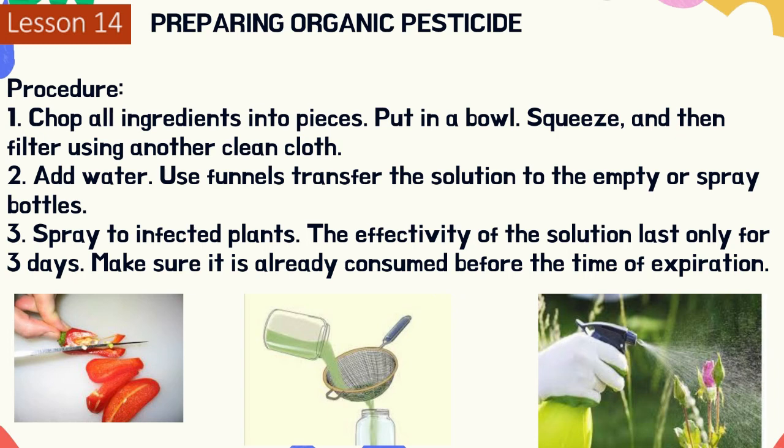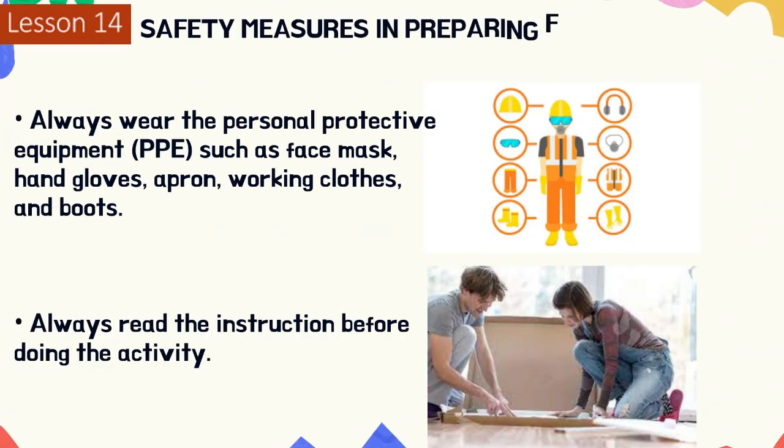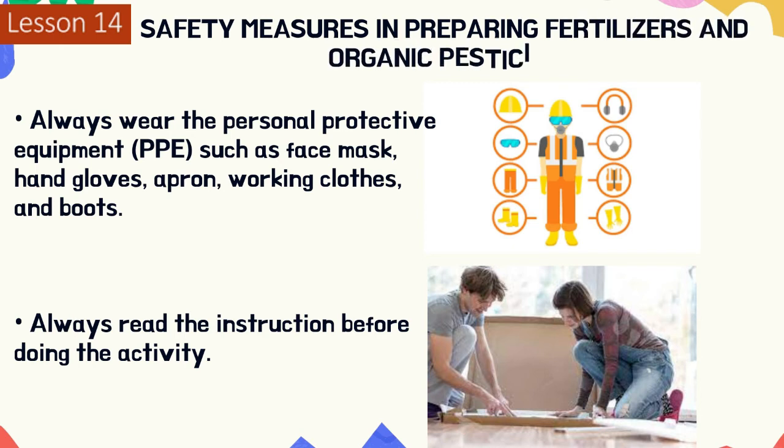Next, we will discuss safety measures in preparing fertilizers and organic pesticide. First, always wear PPE or personal protective equipment such as face mask, hand gloves, apron, working clothes, and boots.